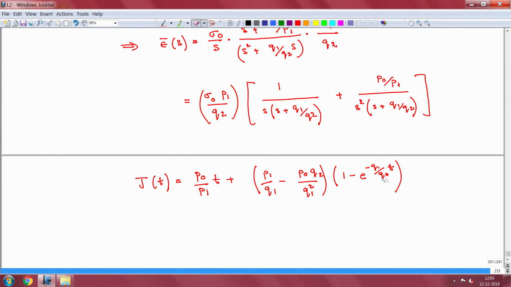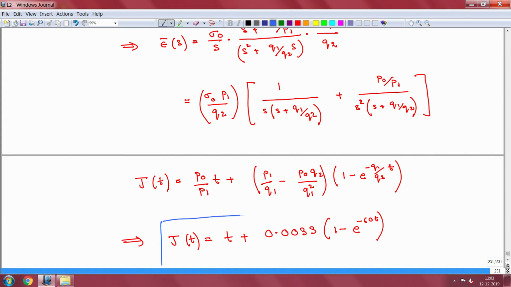Okay. If this is maybe a little bit difficult to read, I will just write it again. This is Q2. Okay. So, if you again insert the numerical values that we have seen before for these coefficients, then you end up with this final expression, 1 minus e to the power minus 60 t. Okay. So, this is our final expression.